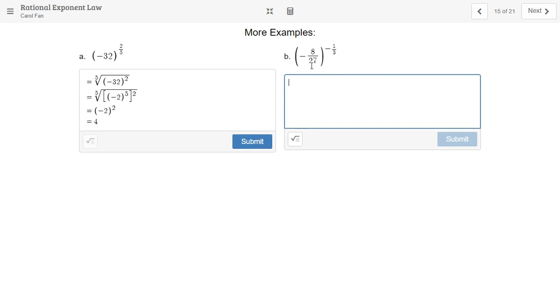Another example, -8 over 27 to the power of -1/3. Now, when we have a negative rational exponent, let's switch that into a positive exponent first.